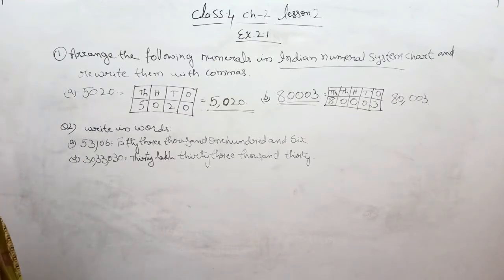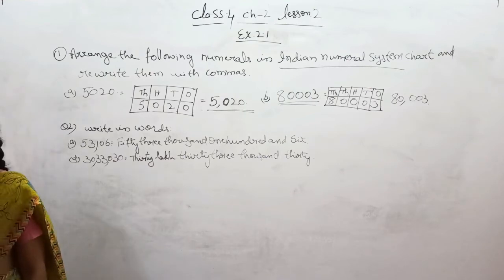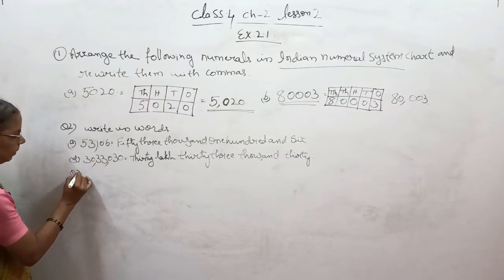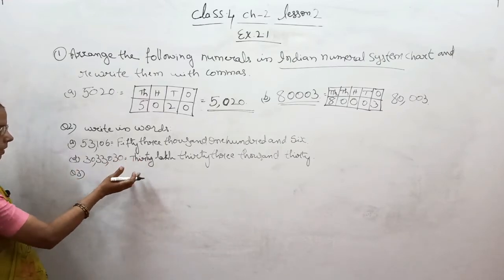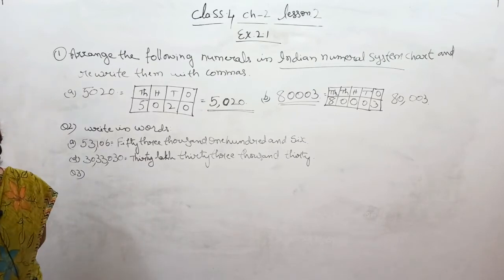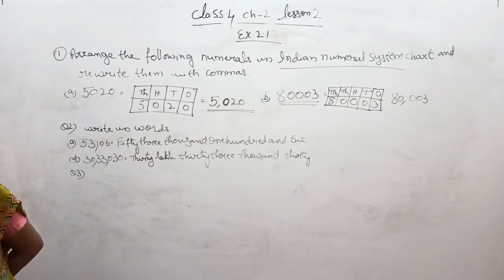Now the next: express the following numbers written in the Indian system in figures, placing the commas at the right places. In the previous question we had numbers and wrote them in words, but now in question number 3 we have the question in words, and we have to write it in numerals with the help of commas. The first is 15,682.